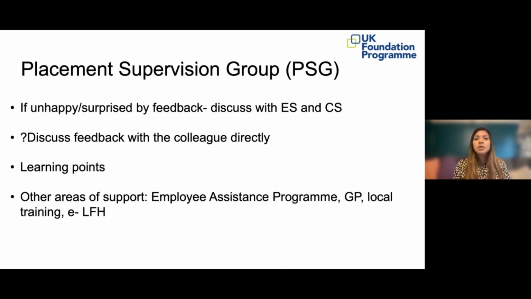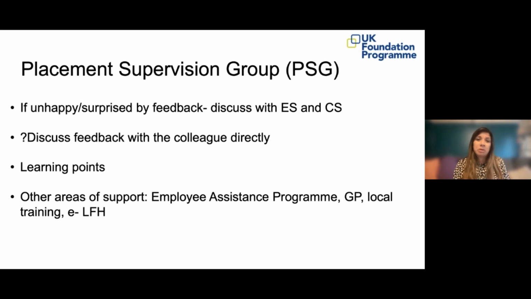And again, sometimes you may receive some feedback that you are surprised to see or is a little bit distressing. The feedback is anonymised to you, but it's not anonymous to your educational and your clinical supervisor, so you'll be able to discuss things with them. They may or may not tell you who has made which comment, and depending on the context, that may or may not be appropriate.